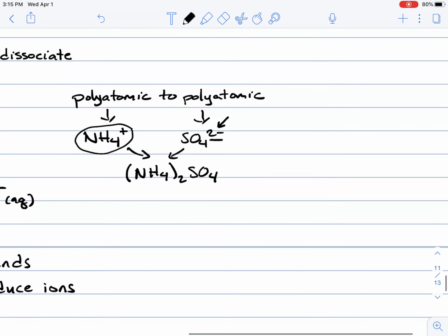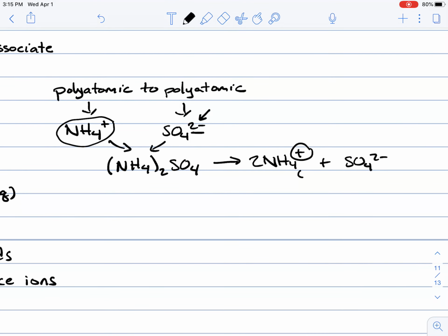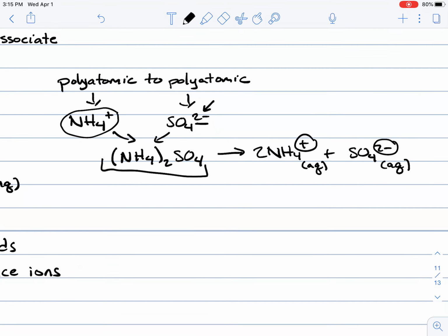Let's say you have a crystal of this compound, and if you put it in water, it's going to separate into NH4 plus, and we're going to put a coefficient of 2 just to balance everything out, and it's going to produce SO4 2 minus. Since these ions still produce that charge, this is an example of a compound being ionic.